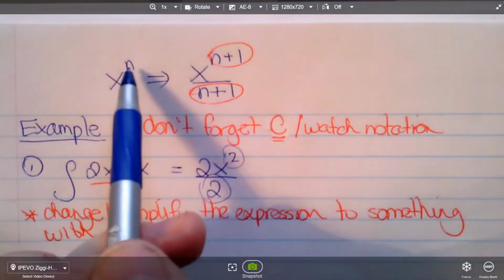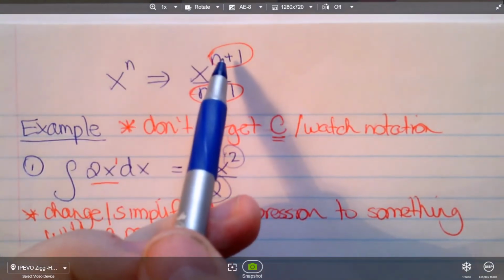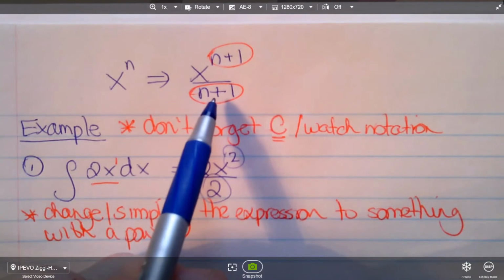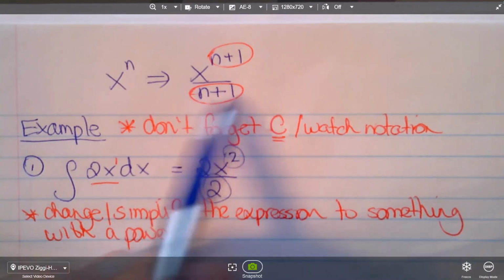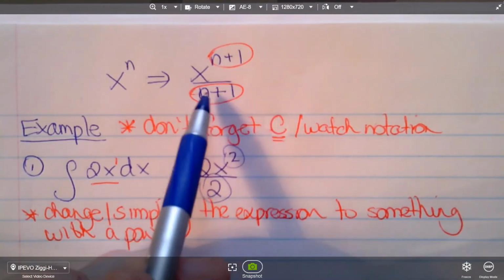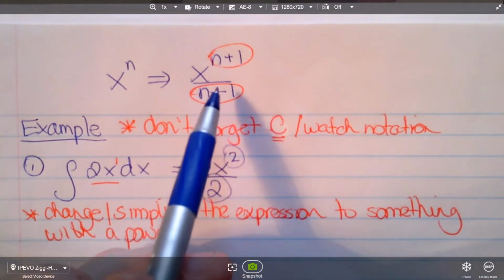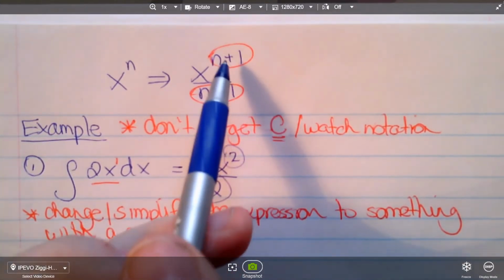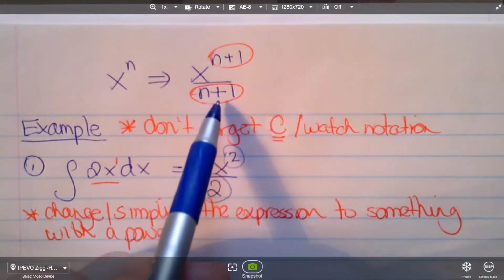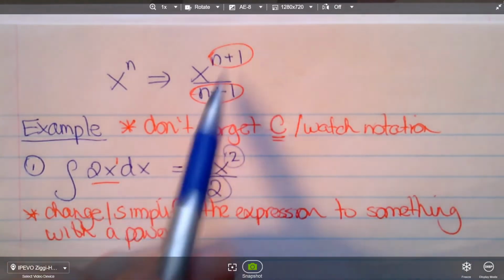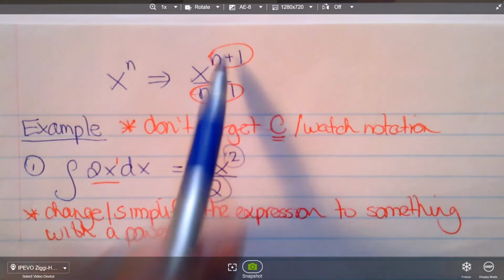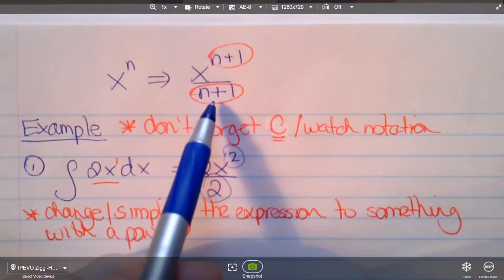Once I look at my power and add 1, whatever that is goes underneath. It might get a little tricky at the bottom when we start doing fractions on the bottom, and I'll help you with that. It's not really a trick, it's just something good to notice: your exponent and what's underneath are exactly the same. So you can quickly jot down the exponent after you add 1, and then the same number goes underneath as a denominator.